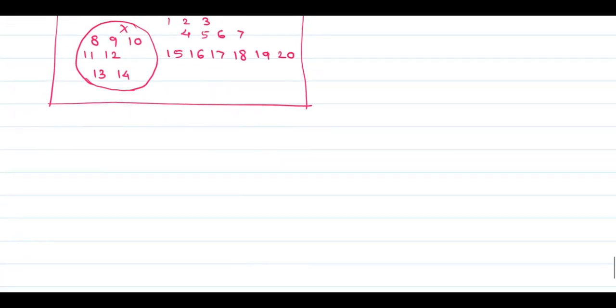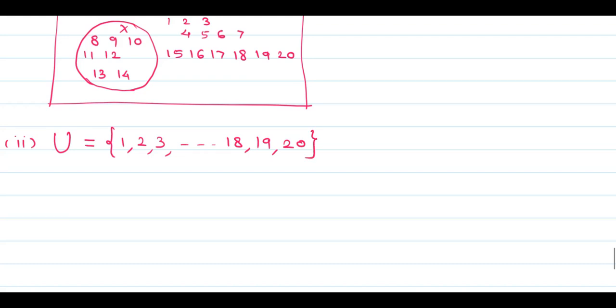Now next is the second. U is equal to, in curly brackets, 1, 2, 3 up to 20. That is, here Y is such that y belongs to N and y is a prime number from 1 to 20.